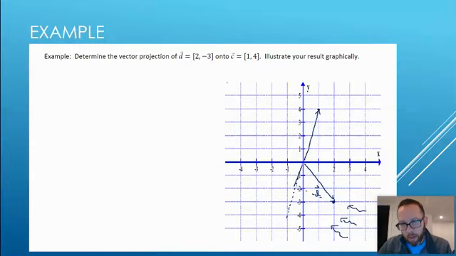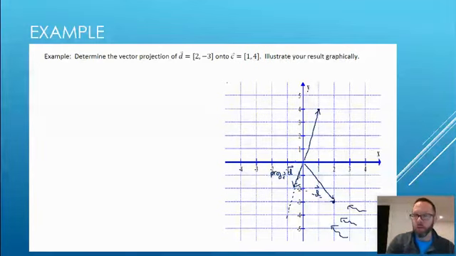So we're thinking that maybe the vector projection of D onto C looks something like that. It's like -0.5, -2, something to that effect. So now that we've drawn a visual, we understand how to draw vector projections. We've got an estimate of what our answer should be. Let's show that our formula works, and we should get something pretty similar.